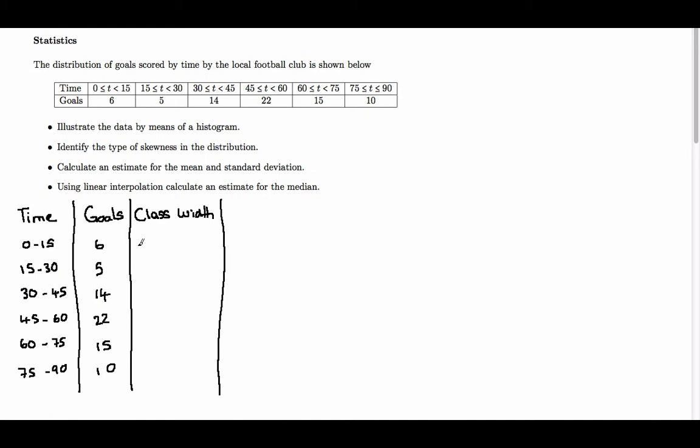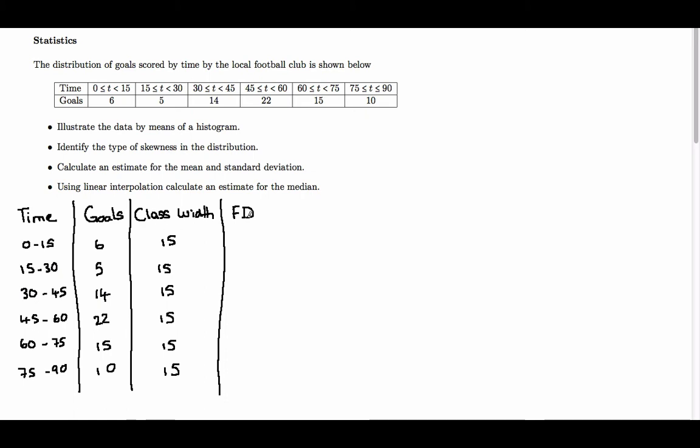So this one is 15, as is this one, as is actually all of them. This isn't always the case, so you just need to make sure you read the question and actually check what your class width is.